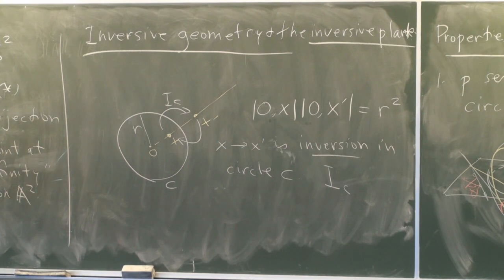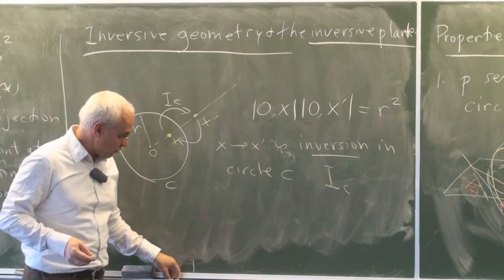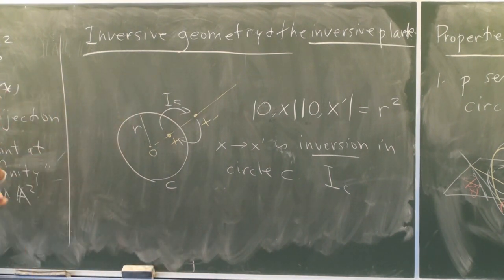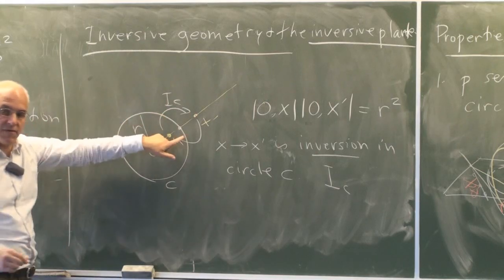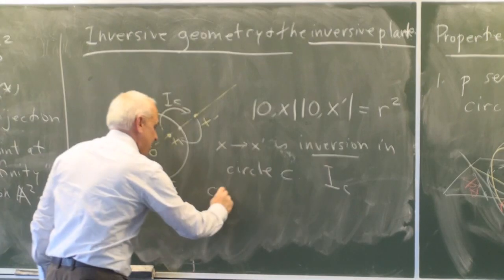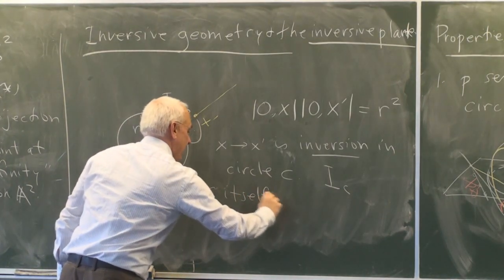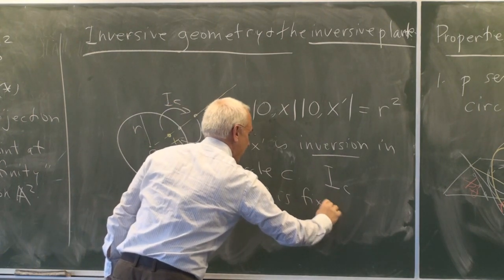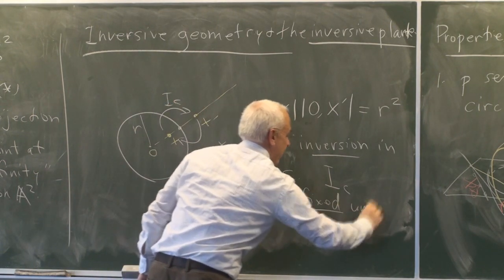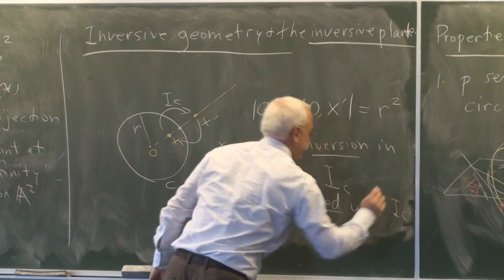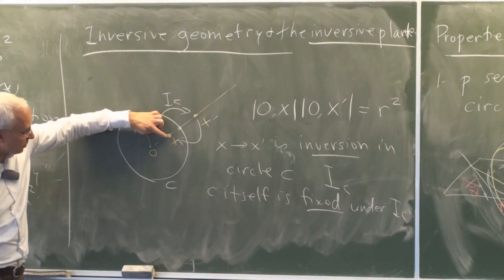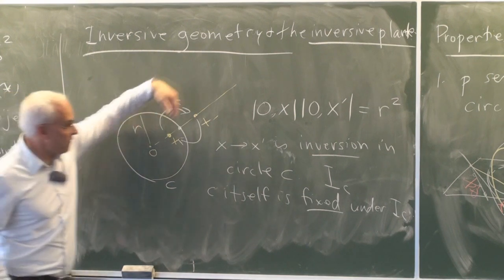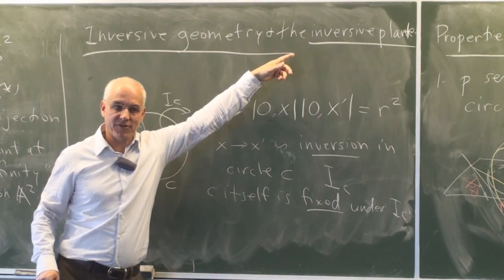Now, some properties of the inversion. It is a very interesting and important geometrical transformation, and it obviously leaves the circle itself fixed. Okay? C itself is fixed under I of C. And points inside go to points outside, and the closer x gets to O, the further x prime gets.